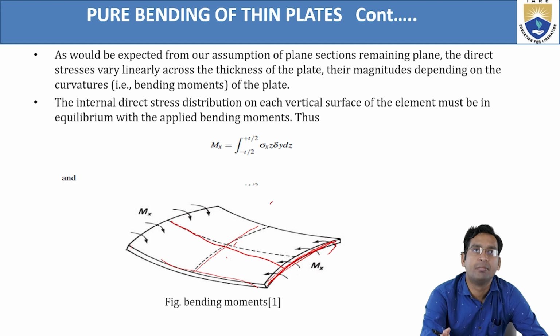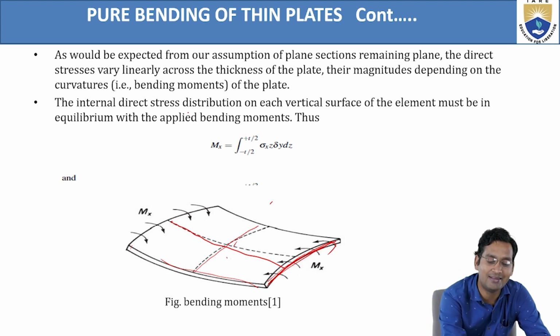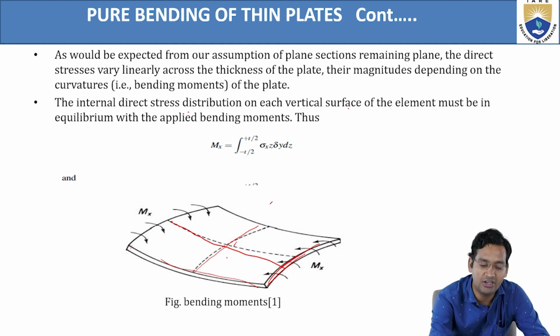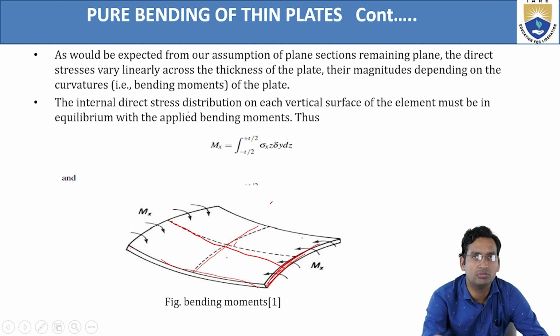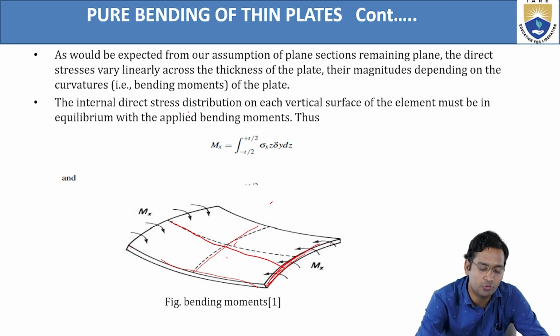The internal direct stress distribution on each vertical surface of the element must be in equilibrium with the applied bending moment. Each of these thin surfaces across the thickness should be in equilibrium.